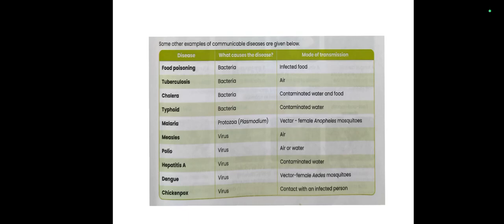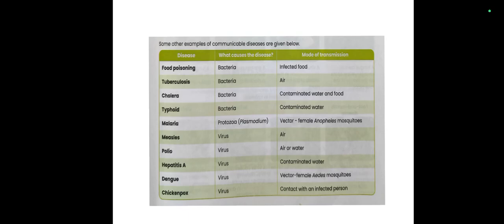Second, tuberculosis, caused by bacteria, and the mode of transmission is air. Third, cholera. The cause of the disease is bacteria, and the mode of transmission is contaminated water and food. You must have seen in the summer, most people get infected with cholera.